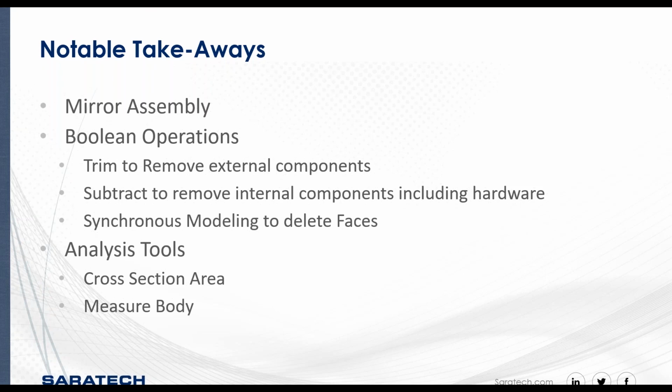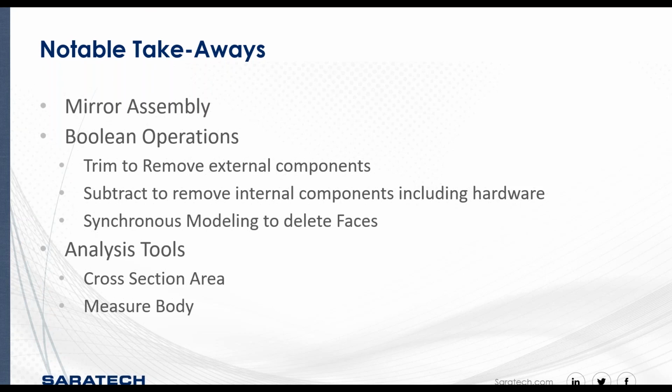We use that part to go ahead and trim the extrusions that we created. Then from there, we use synchronous modeling on the second example, where we deleted the interfaces of our copied or our extracted body.